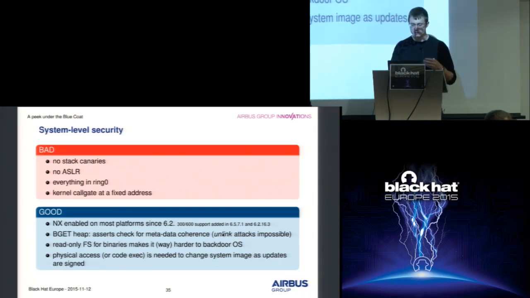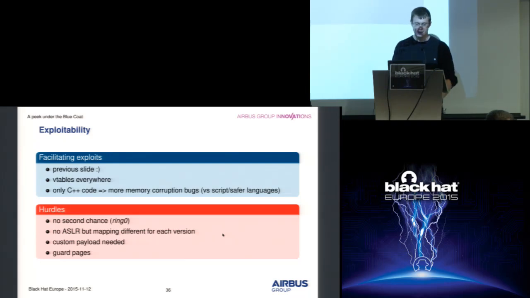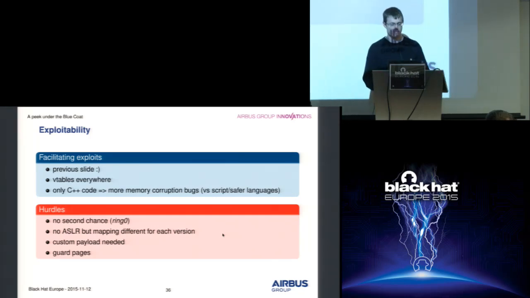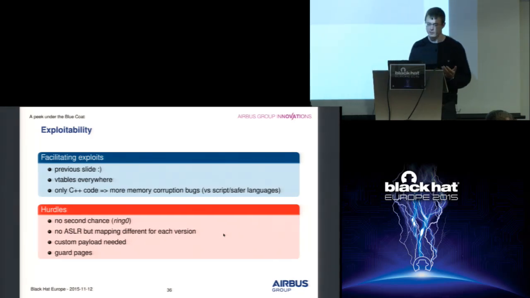If you want to look specifically into exploitability, what do we have that facilitates exploits? Well, you have the previous slides, where ring 0, no ASLR and everything. Of course, it's C++, so you have vtables everywhere. You have function pointers everywhere that you can overwrite and get code execution if you have a buffer overflow.